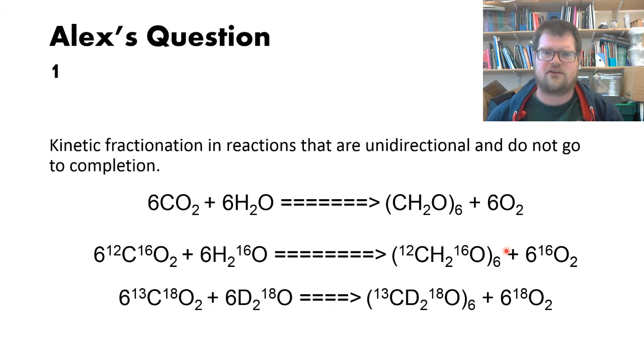But if we don't complete the reaction, more of the light isotopes will be converted into products. So in this case, the lighter isotopes will be preferentially enriched if the reaction doesn't finish. That's a really key point of this question: the reactions have to be one direction and they have to not go to completion.